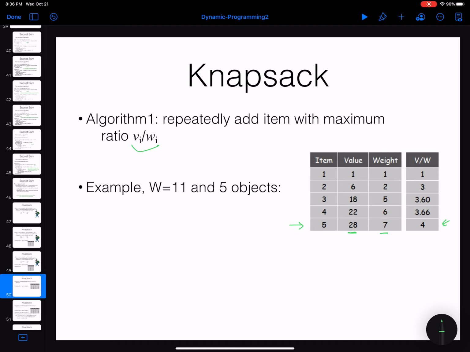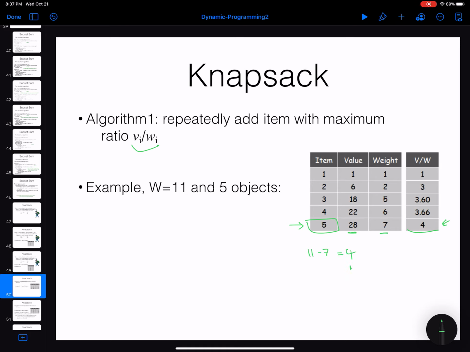So this algorithm is telling me to take all the items from the maximum value to weight ratio downward. By this algorithm, you take object 5, and because its weight is 7, you only have 11 minus 7, which is 4, remaining.